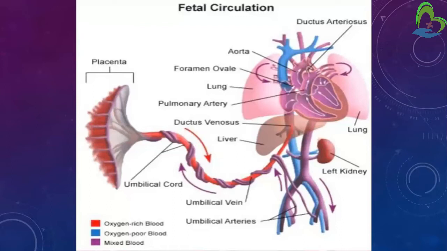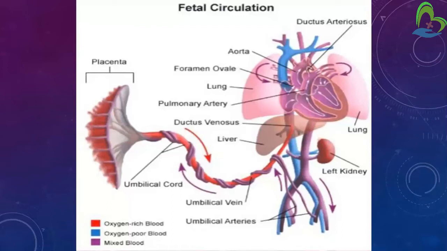In the ductus venosus there is mixing of oxygenated and deoxygenated blood. Now the mixed blood goes into the right atrium.